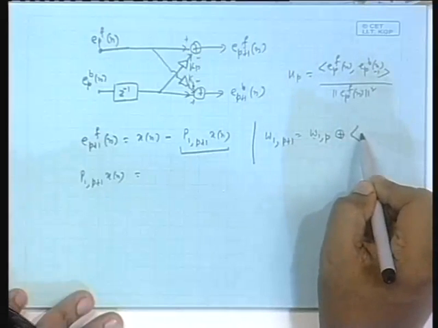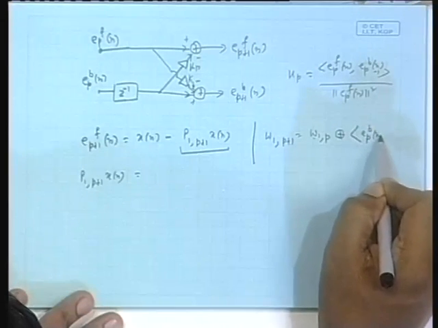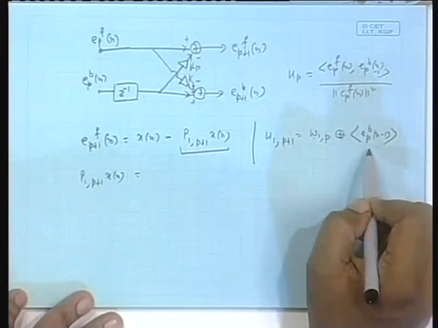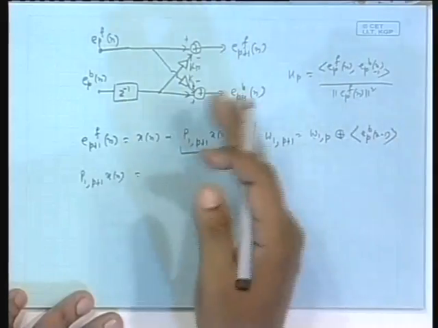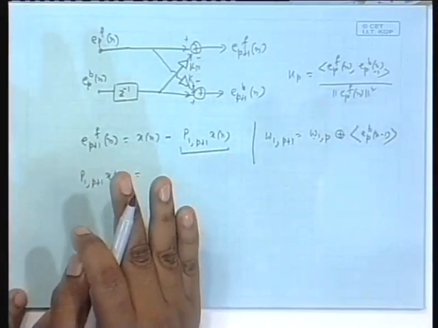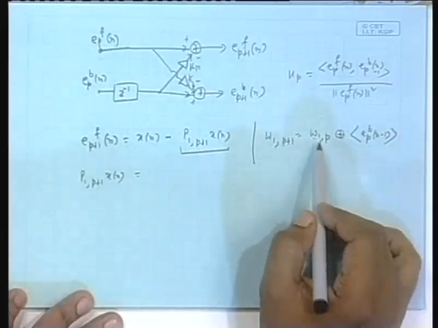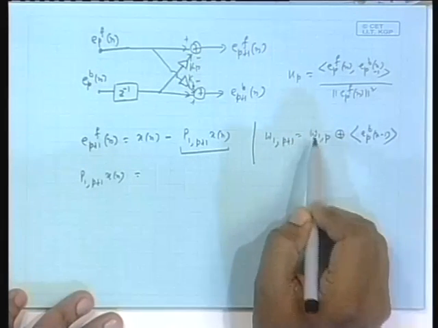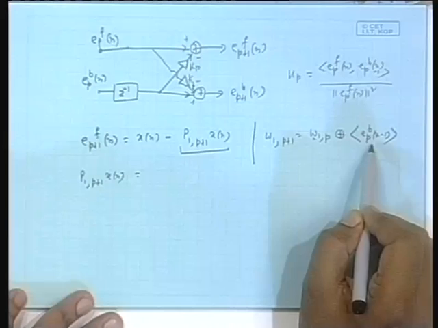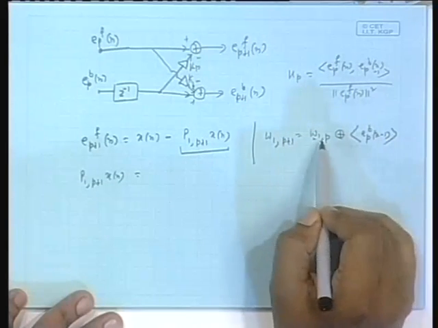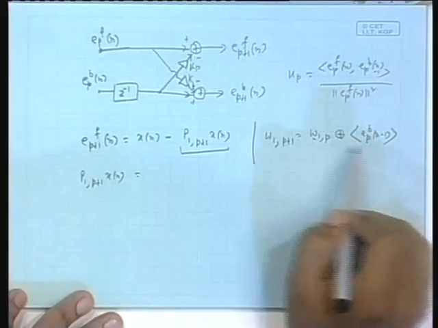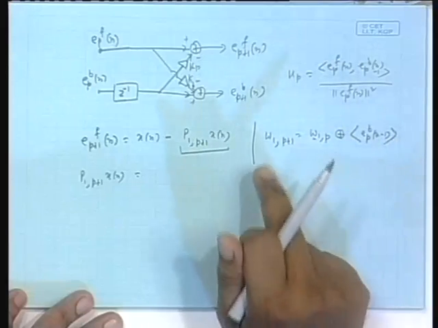That error, as we have seen, is EPB n minus 1. This is the span of that component, right? This we have seen earlier. That is why I am just going back to the same old derivation. Let us just try to recall how we derived. This total subspace was decomposed as W1 comma P, and the last element was projected orthogonally on this, and the error taken, that was EPB n minus 1. So the span of that and the span of this are mutually orthogonal, and there is a direct sum decomposition of this.